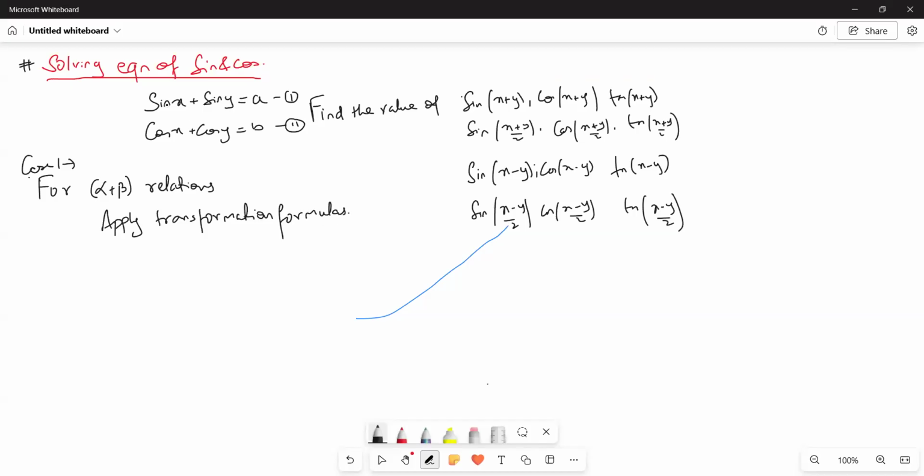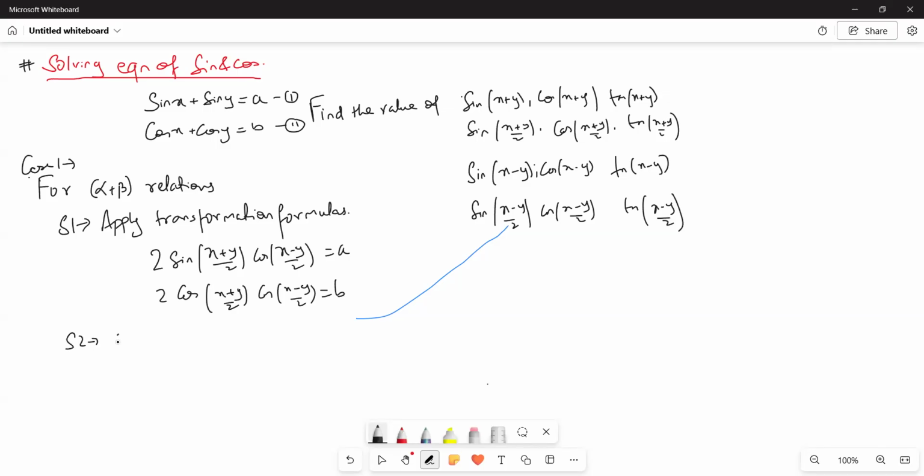So sin x plus sin y is like sin c plus sin d. We apply the transformation formula, so this will become 2 sin c plus d by 2 cos c minus d by 2 is equal to a. Same with the second equation, cos c plus cos d: 2 cos c plus d by 2 cos c minus d by 2 is equal to b.